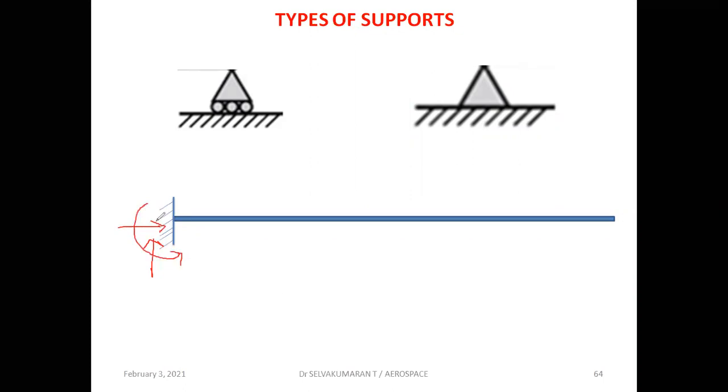The direction of this couple or moment depends upon the direction of the load acting on the beam. You must remember that you have three unknowns at the fixed end of a cantilever beam, only one unknown at the roller support, and only two unknowns at the hinged support.